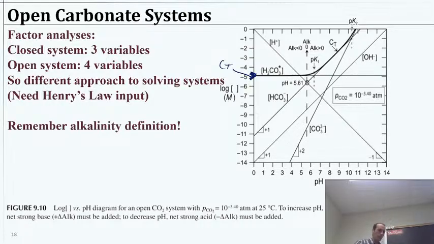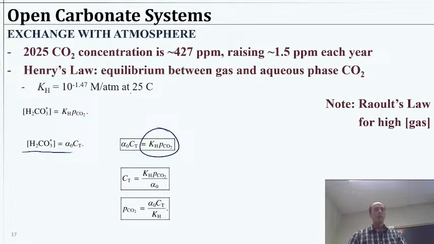Now, in each of these cases, it goes back to the same situation where we can say alpha 0 times C total is equal to the Henry's law constant times the partial pressure. We can also say alpha 1 times C total is the bicarbonate.